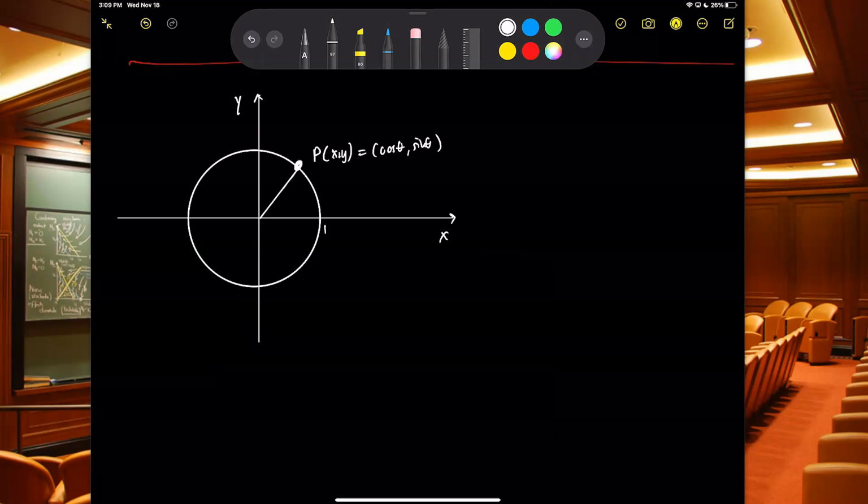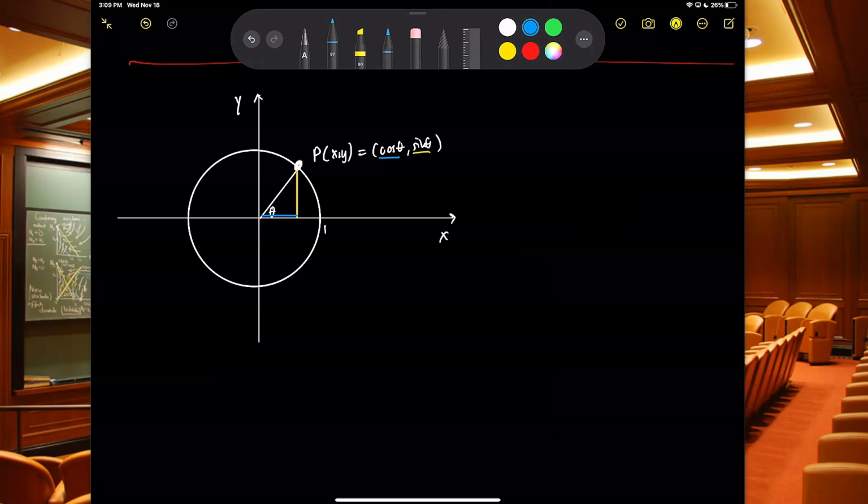For any given theta, the height's given by sine, the width here, we can call it, the horizontal distance is given by cosine.